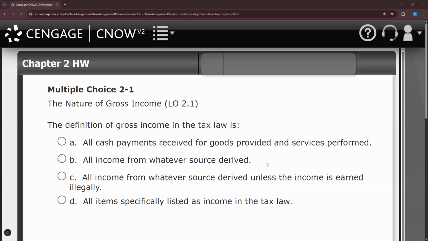C states all income from whatever source derived unless the income is earned illegally. Absolutely not. What we are going to come to learn is that even if income is illegally earned, you have to report the income. The caveat though is that you report the illegal income, but you are not allowed to deduct any expenses to offset that income.